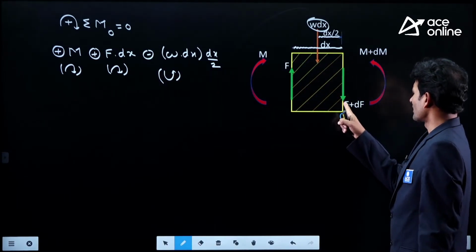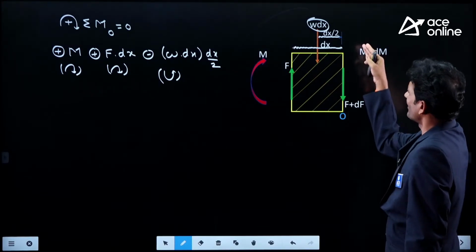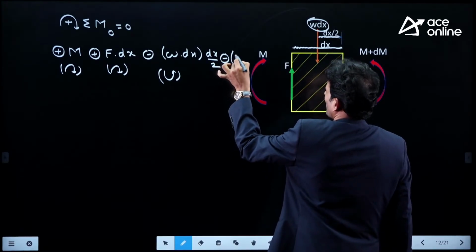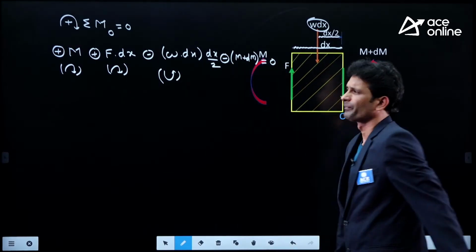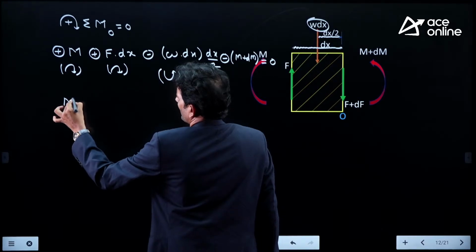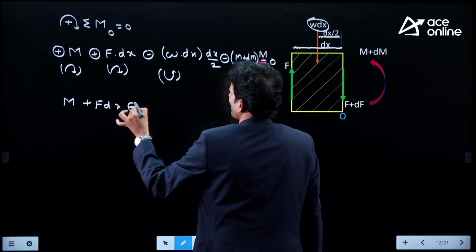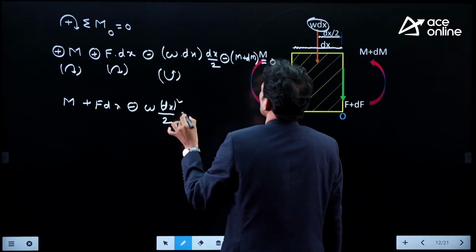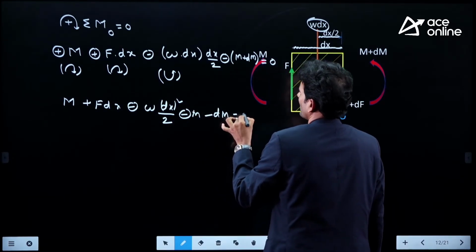Now this force does not create any moment about this point, and if I take this one, here we are having anti-clockwise rotation. Being anti-clockwise, I am putting a minus, M plus dM, one more moment, and it should be equal to 0. Now simplify this expression: M plus F dx minus omega dx square divided by 2 minus M minus dM equal to 0.